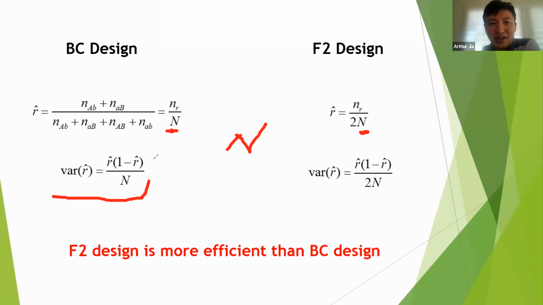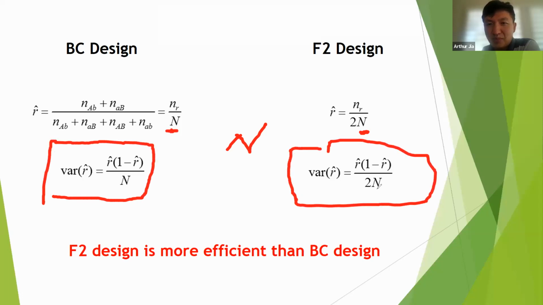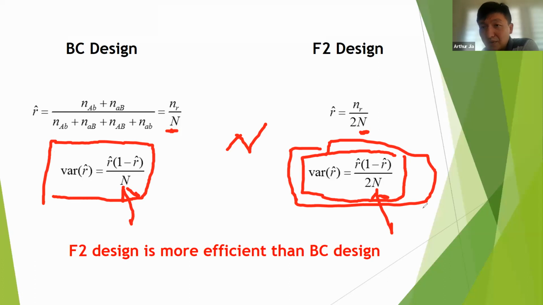This is the accuracy of estimation you can achieve. With the same capital N, the variance of your estimation, which represents the error of your estimation, from the F2 design is half of that from your backcross design.